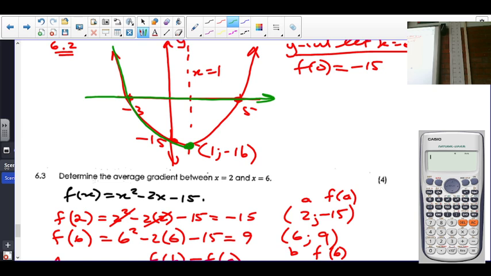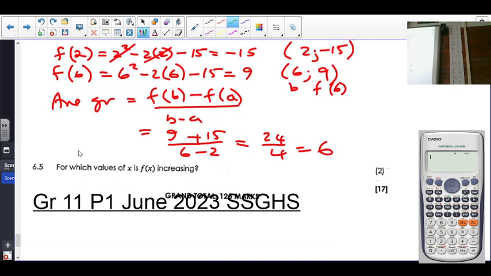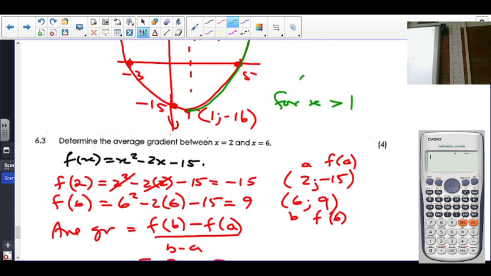Decreasing till 1. Not so. On the other side of 1 it is actually increasing. So where's the graph increasing? It is increasing for x's greater than 1. And that's the answer to 6.5.